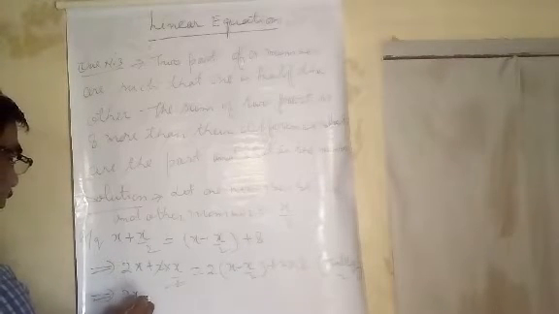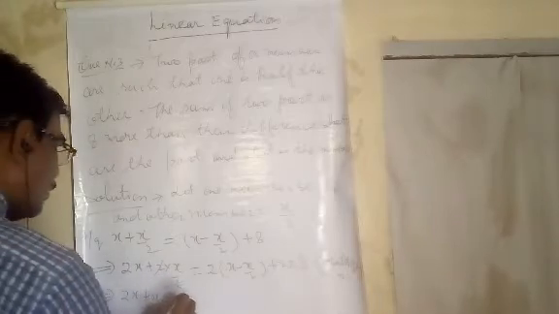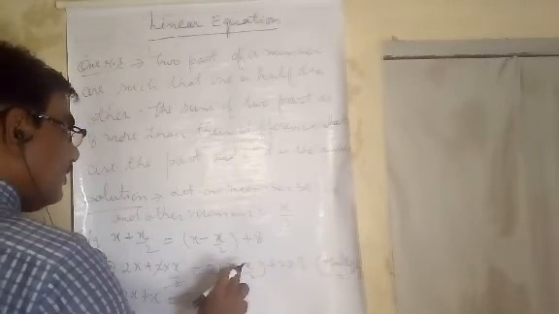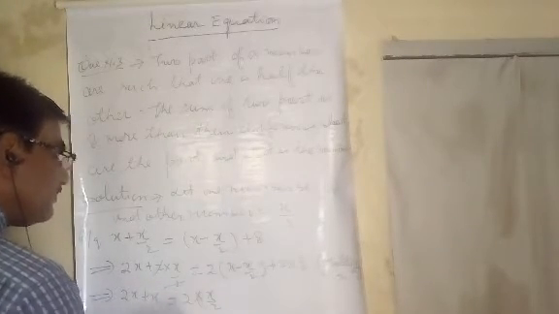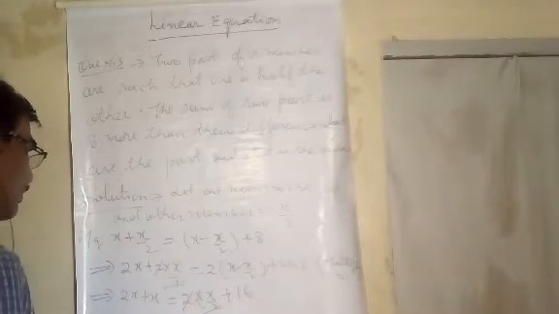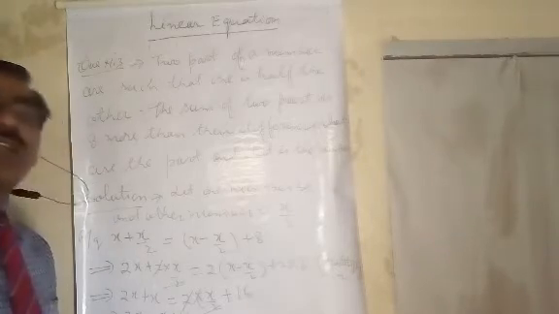So 2x plus x equals 2x minus x plus 16. When you add 2x plus x, it will be 3x equals x plus 16. Now this is a linear equation.